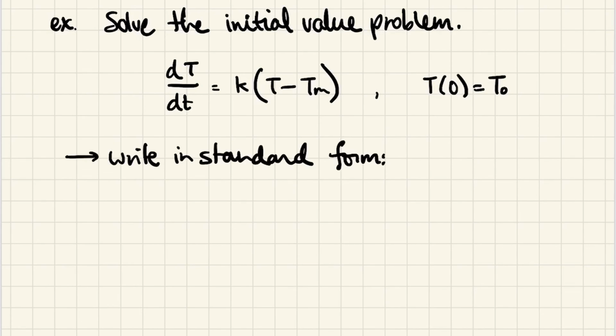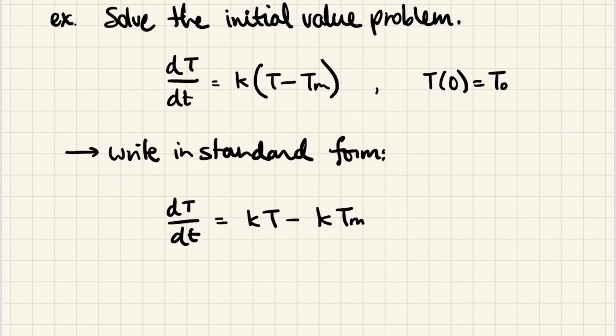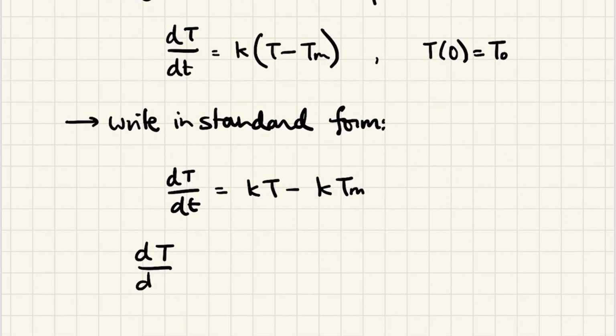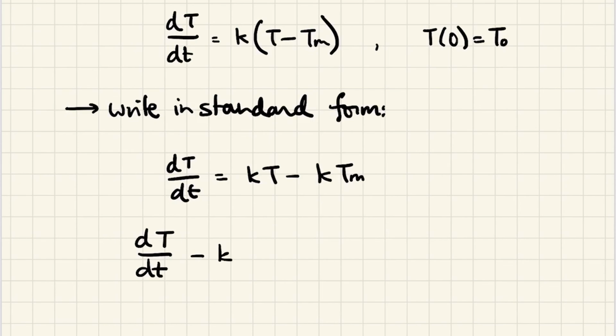Okay, so dT/dt is equal to kT minus kTm, and we will move the kT over. So we have dT/dt minus kT is equal to negative kTm. All right, this is now in standard form.